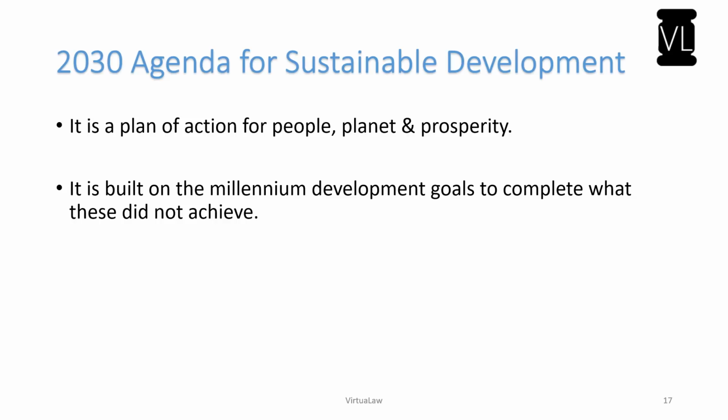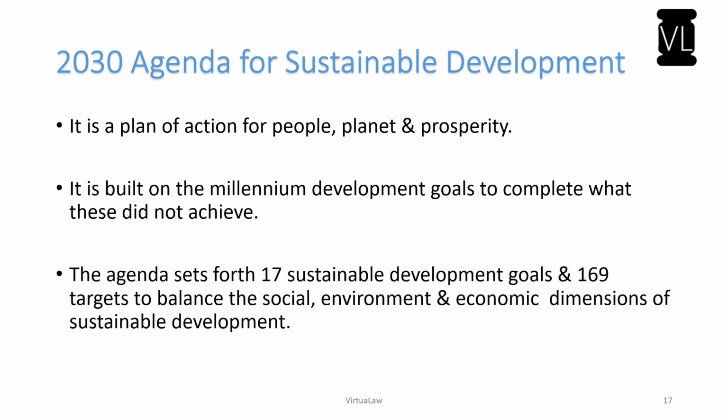It is built on the previous one, that is, the Millennium Development Goals. Since the Millennium Development Goals were not achieved by 2015, in order to complete what had not been achieved, they came up with the 2030 Agenda for Sustainable Development. This agenda sets forth 17 sustainable development goals spread across various areas.